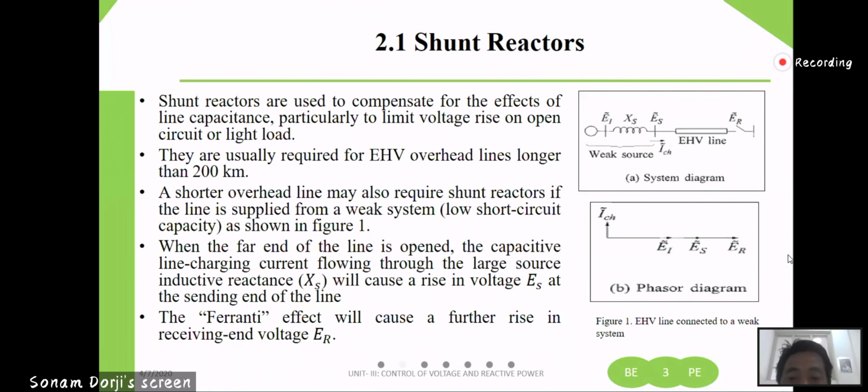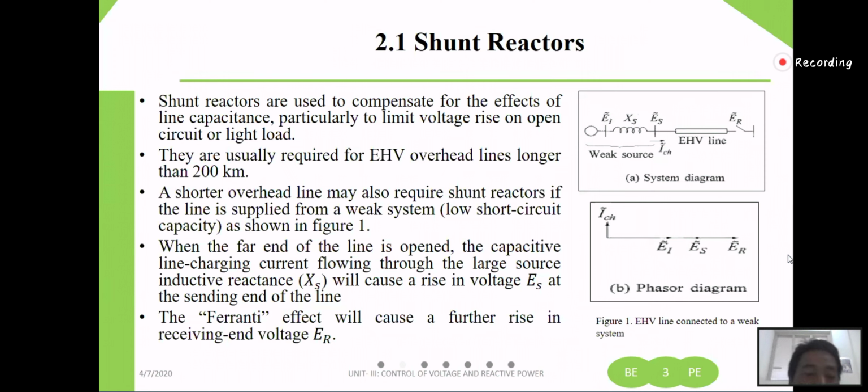Because we are using a shunt reactor to inject reactive power whenever required, and we are using a shunt reactor to absorb reactive power whenever it is again required, right? So we are trying to absorb as well as generate. If there is more reactive power, we try to absorb it using a shunt reactor. If there is less, we try to inject it.